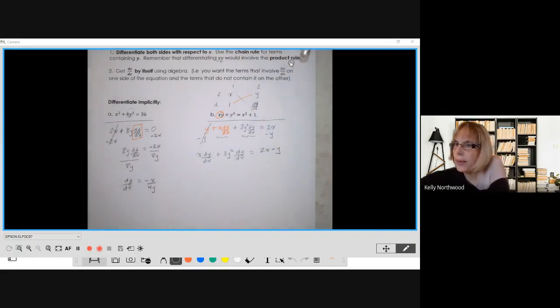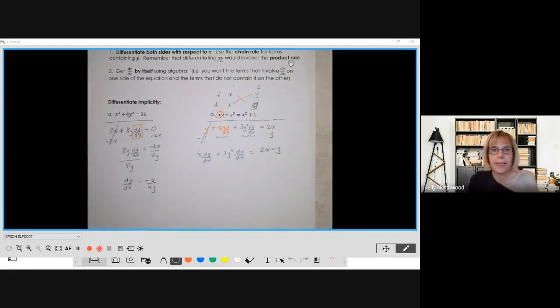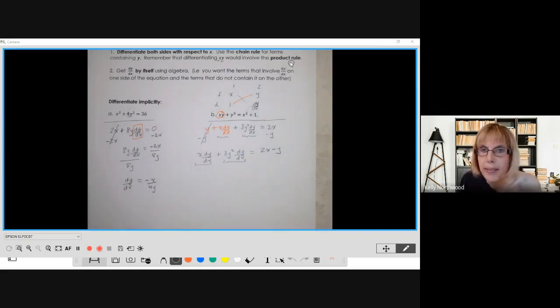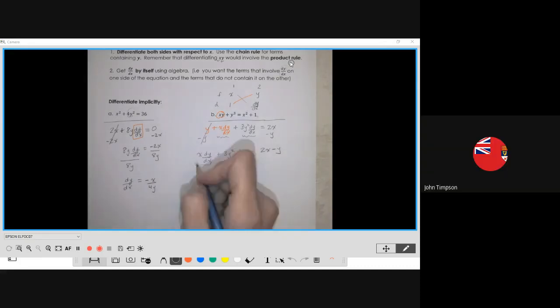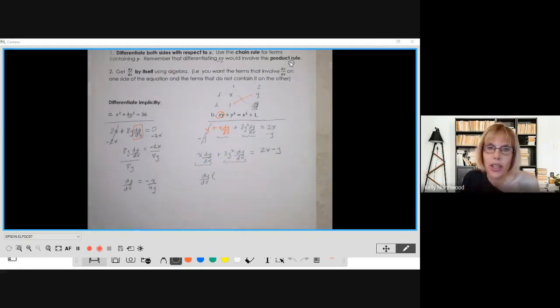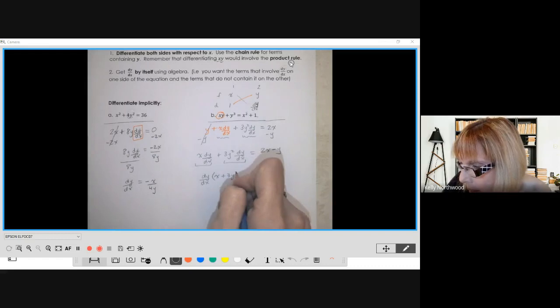So does anyone have an algebraic idea for how I could get dy by dx by itself? Here's one term, here's another. What do they have in common? dy by dx. Yes, so we can common factor out dy by dx from each chunk here. And then in the bracket, we're going to get x plus 3y squared.